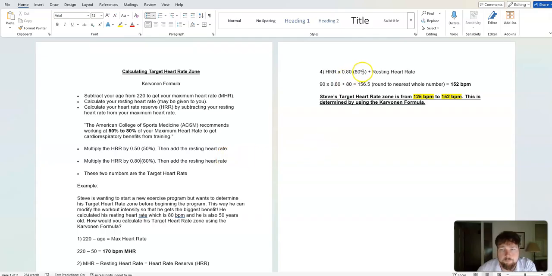So it should be 152. Sorry about that. And you might have to round to the nearest whole number, which in this case was exactly 152.